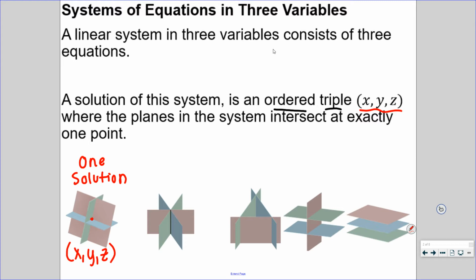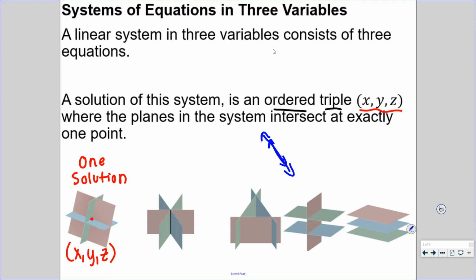Now, just like before, if I had 2 dimensions, I could have infinitely many solutions if the 2 lines lied right on top of each other. Okay? So look at my 3 pieces of paper here. If these are my 3 planes, and they all lie on top of each other, I'd have infinitely many points where they intersect, right?